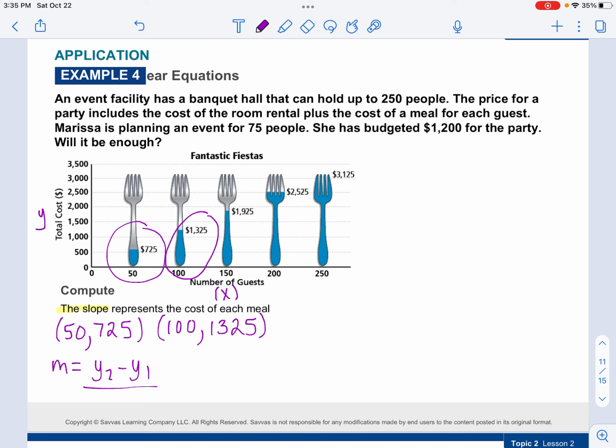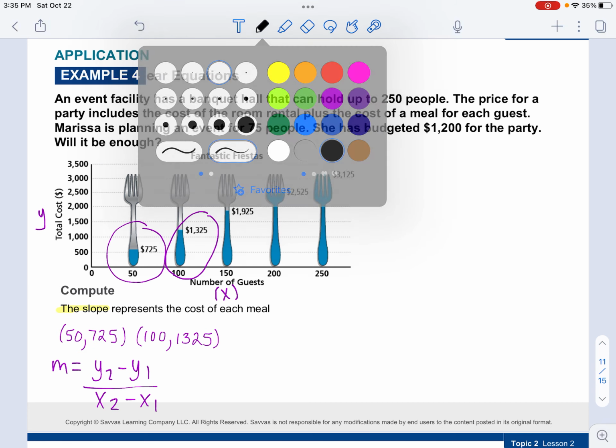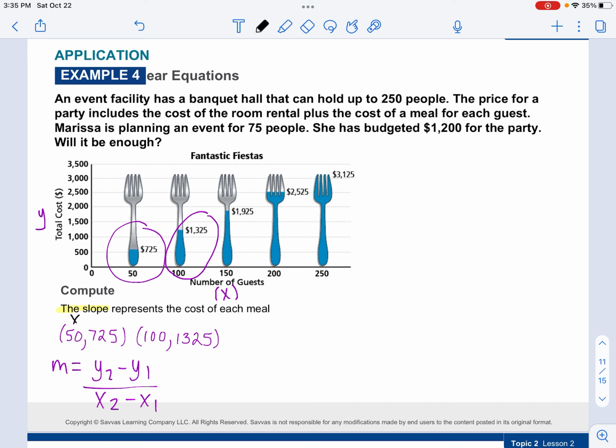Remember your slope, y2 minus y1 over x2 minus x1, and you want to label your points so you don't make a mistake like I did earlier in the notes. So here is my x1, y1.